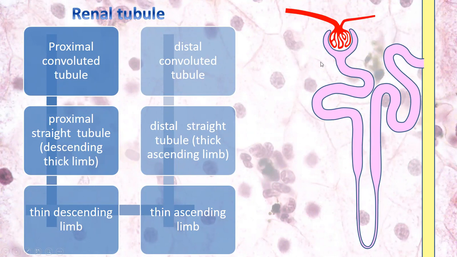And the main processes which take part in the renal tubules are reabsorption, uptake of some substances which are needed for one's organism needs back to the blood from primary urine, and also secretion of some substances, active secretion to the urine. And renal corpuscle forms primary urine by filtration, and renal tubules together with collecting duct form secondary urine by reabsorption and secretion.